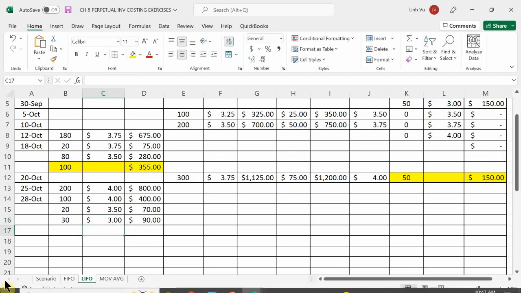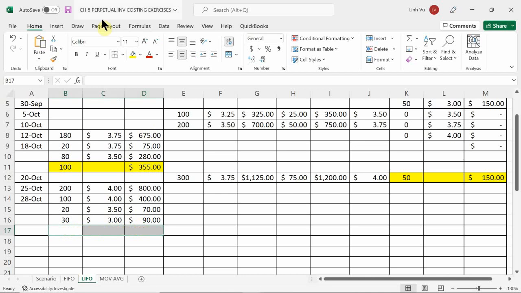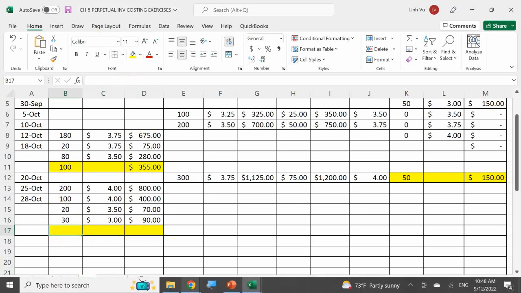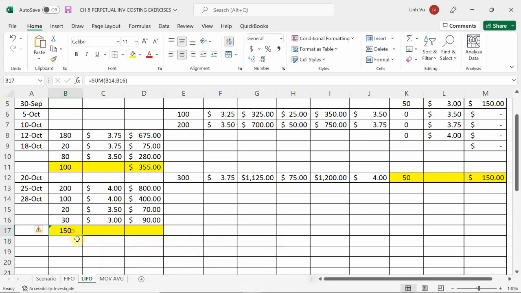$90. So again, let me go ahead and do my tally up here real quick, so I know how much it's going to cost me to sell all 150 units. Okay, 150 cost me a grand total of $560.